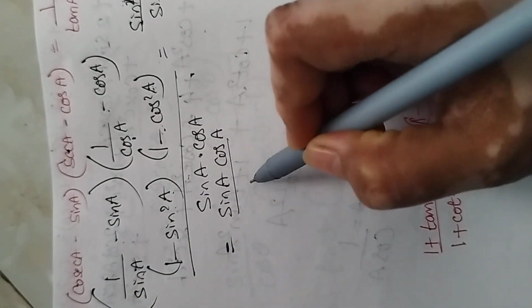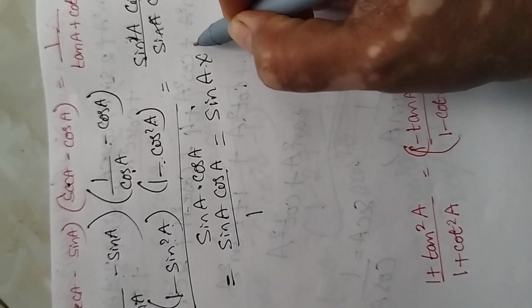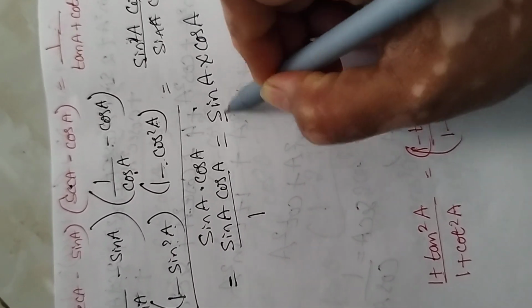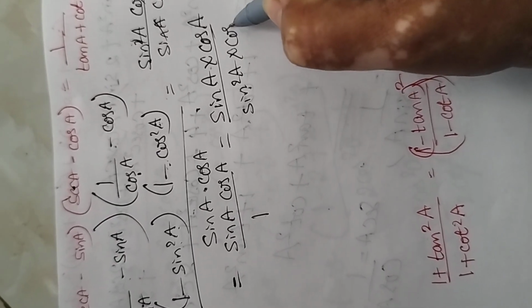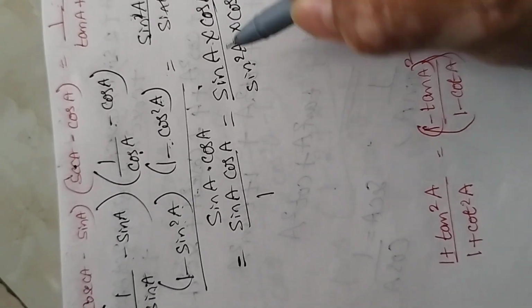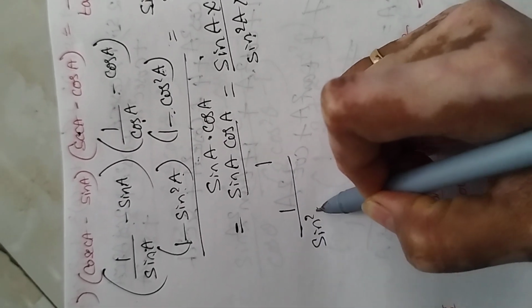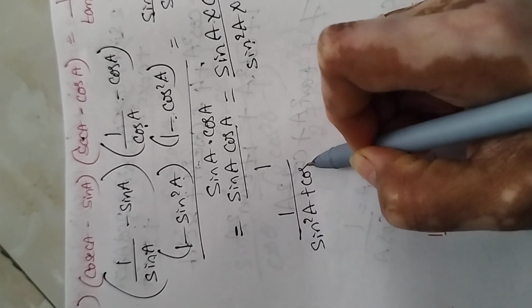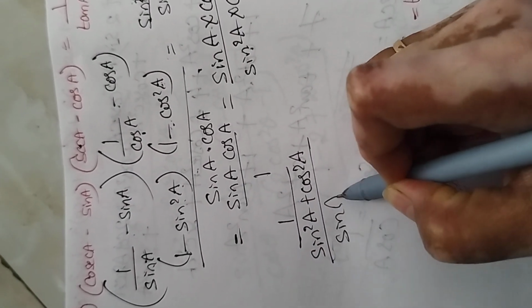In the denominator you have 1, which means sin a into cos a by 1; you should write 1 as sin square a plus cos square a. So you bring this numerator to the denominator. So 1 by sin a cos a.